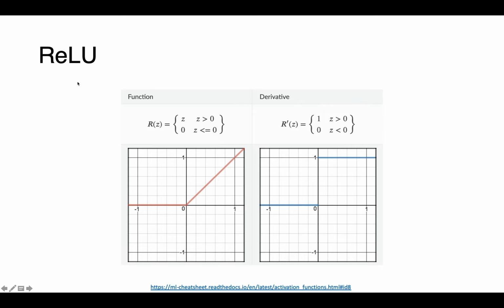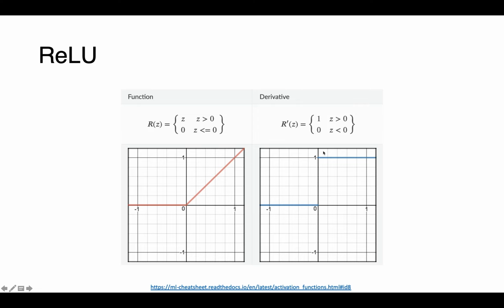Here you can see the value might not be very good for negative input. If your input data to the neural network is negative, then you will create some zero derivative if you use ReLU. So you need to be careful.